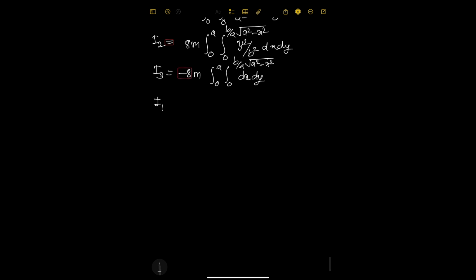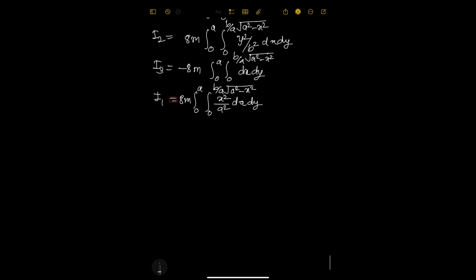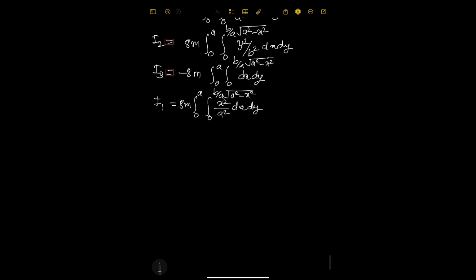So we'll solve the first integral. 8m, 0 to a, 0 to b by a root a square minus x square, x square by a square dx dy.